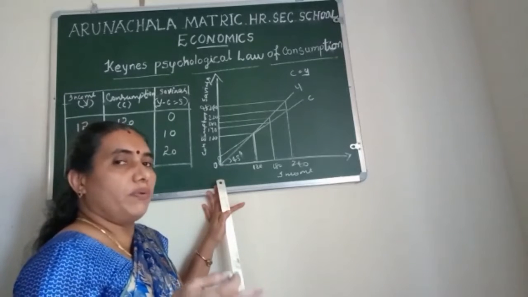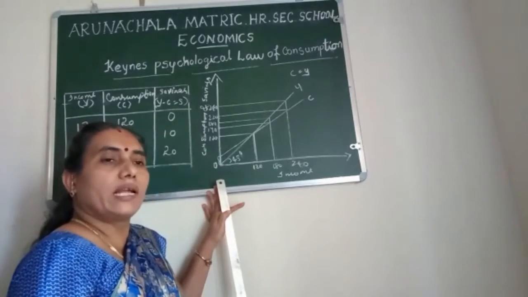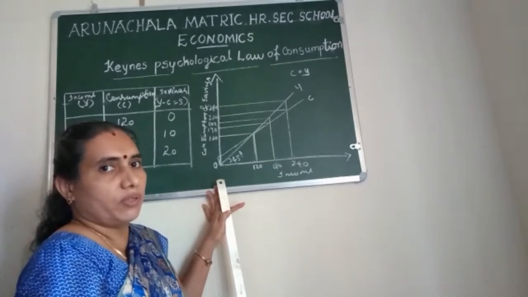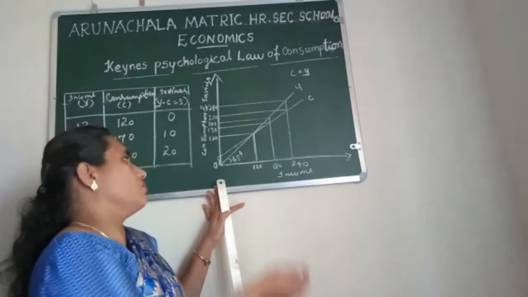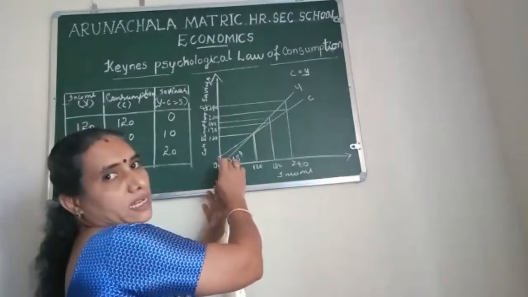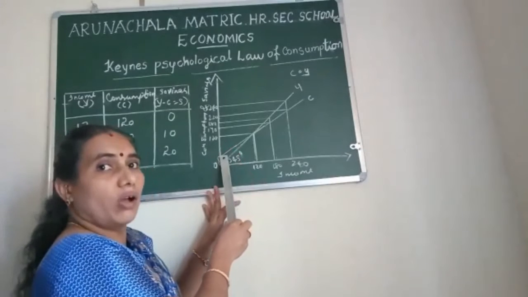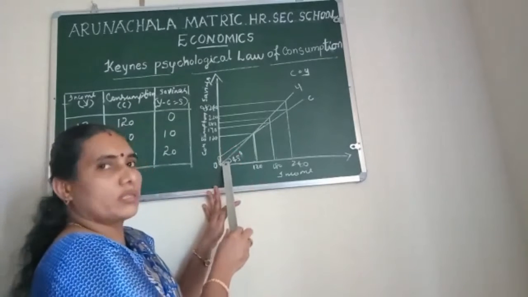So even if there is no income, at that time they will spend their previous savings for their daily expenses. So this is called autonomous consumption. That's why this consumption line does not start from the origin.